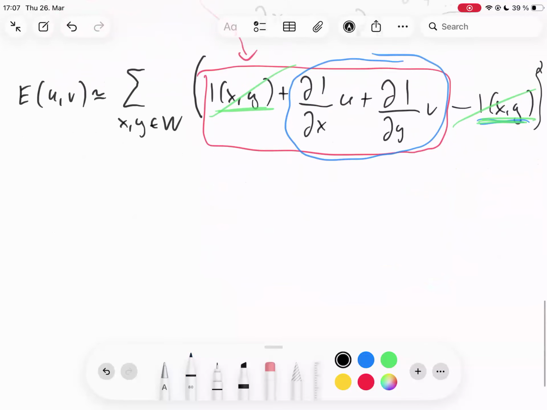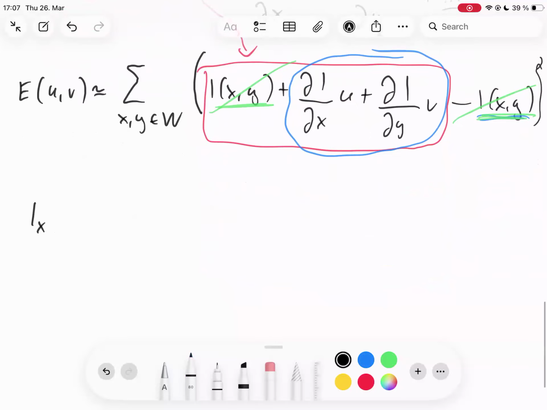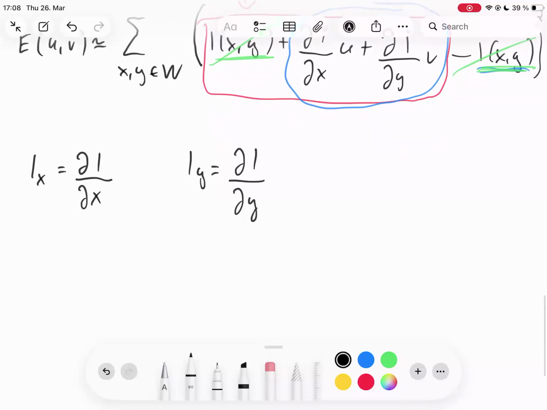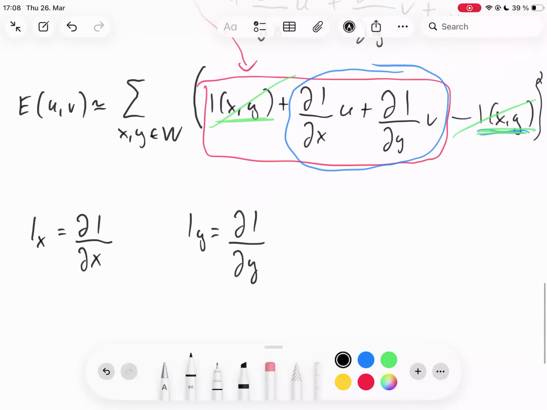We say Ix is the partial derivative of the intensity function along x, and Iy is the partial derivative of the intensity function along y. So I'll just write out this error function now, matching this in yellow, so it's this part here.